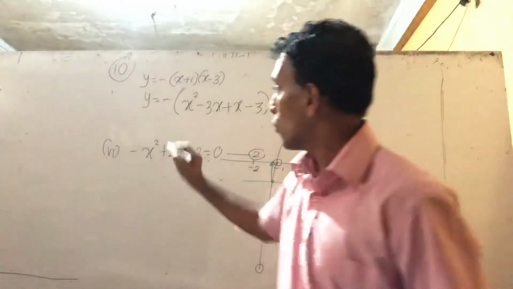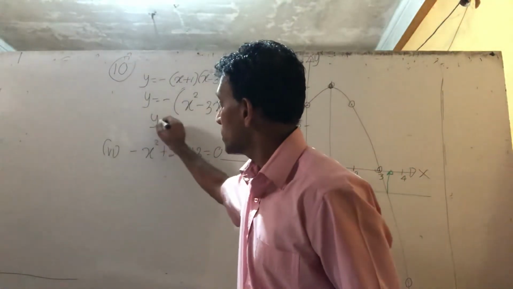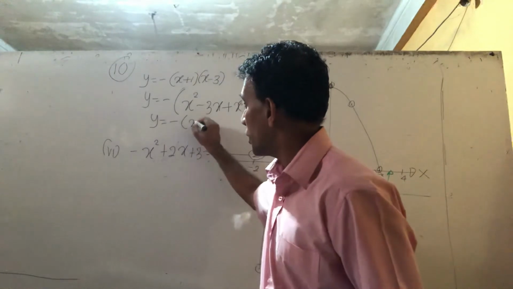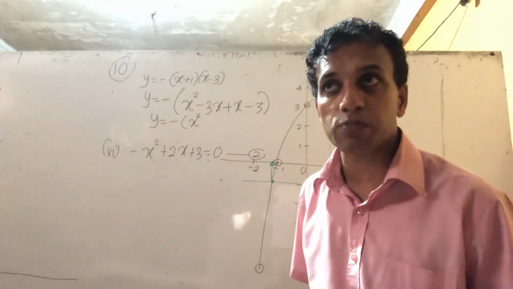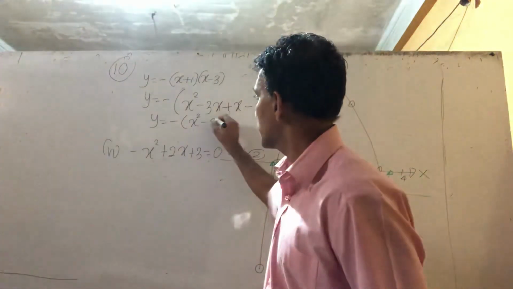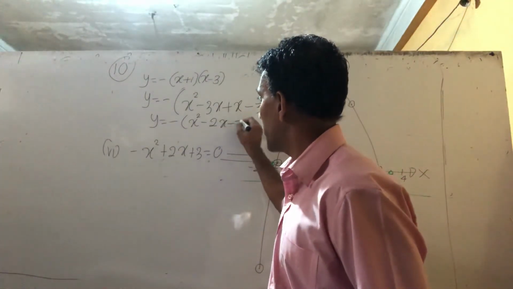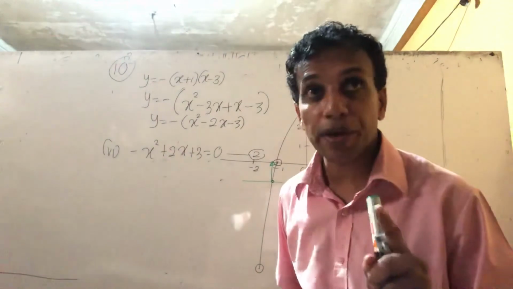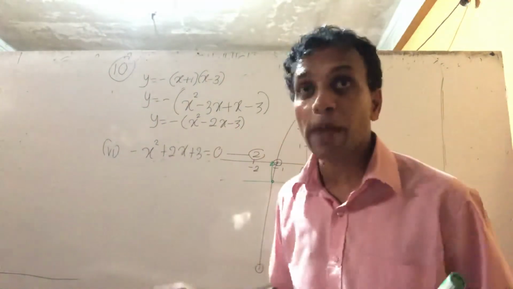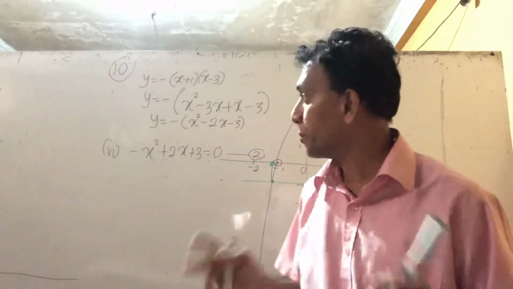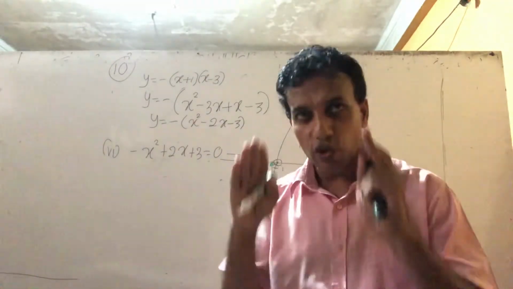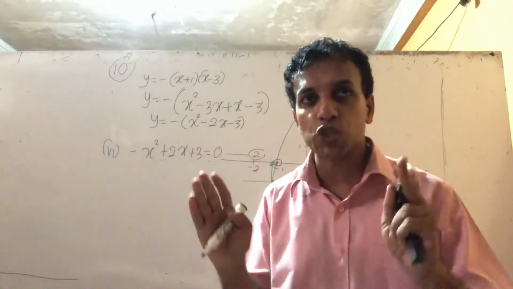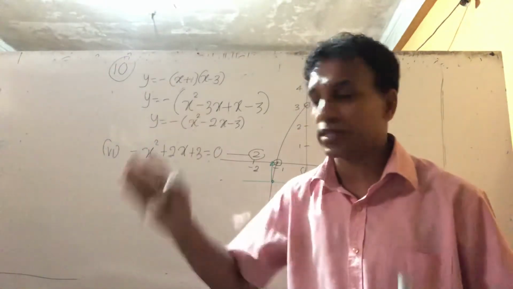Okay, so y equals minus x square minus 3x plus 1x, which is minus 2x, minus 3. See, the bracket is very important. If you lose the bracket, you lose the marks. Everything must be properly shown, not only the drawing; fully answer, then only you can get the full high achievement for an A pass in every section.